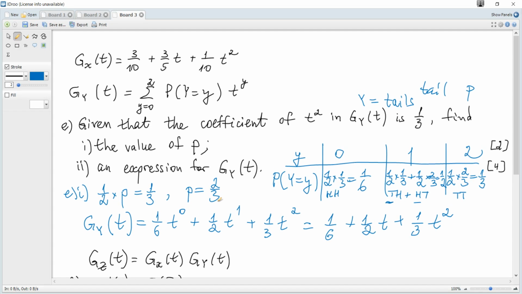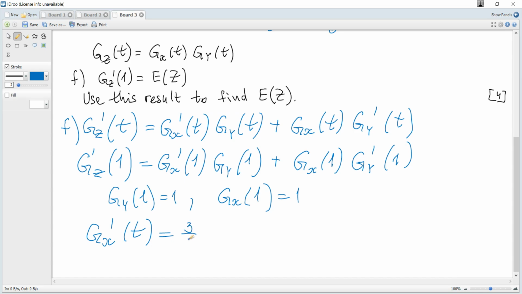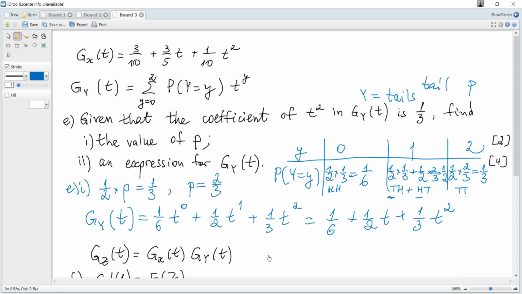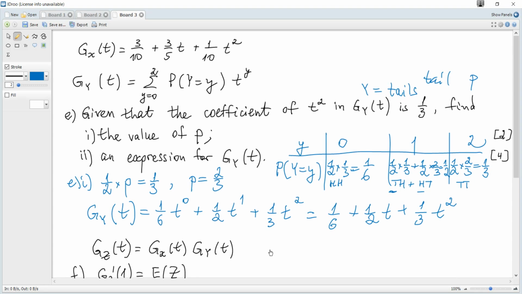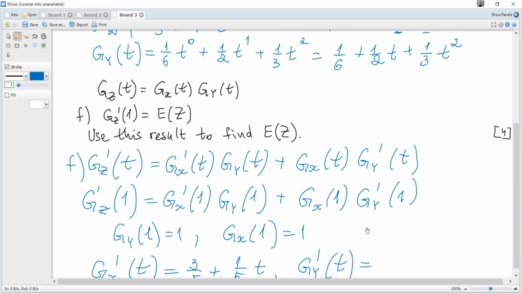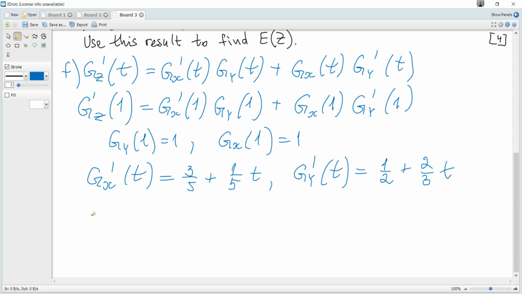So let's find, it's just 3 over 5 plus 2 over 10 t, or 1 over 5 t, and gy derivative of t is equal to a half plus 2 over 3 t.